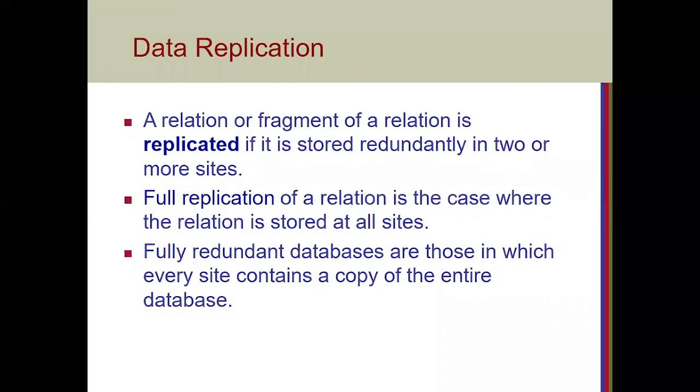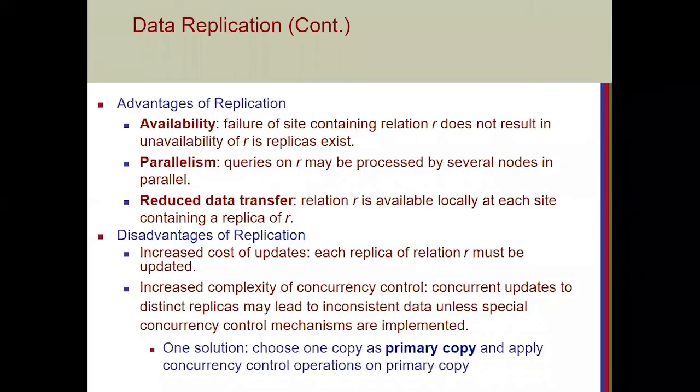So we have really looked at this: a relation or a fragment of a relation is replicated, that is, stored redundantly in two or more sites. Full replication actually happens when all the multiple sites get the data replicated. So the advantages of this: availability, right? I think we have already mentioned this about replication. Execution of multiple processes under several nodes in parallel. Also reduced data transfer, right?